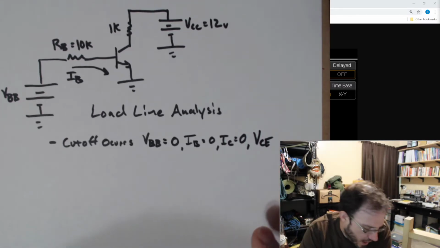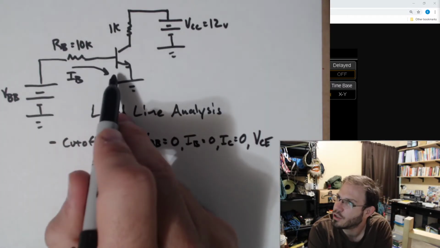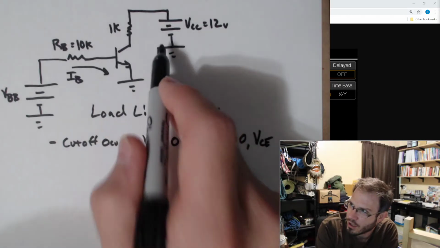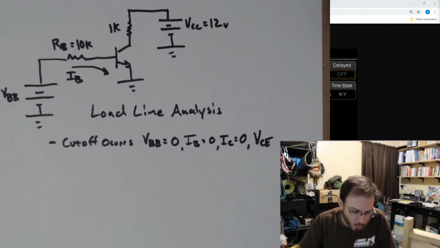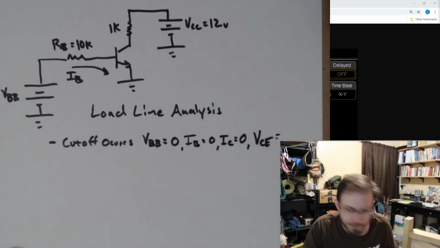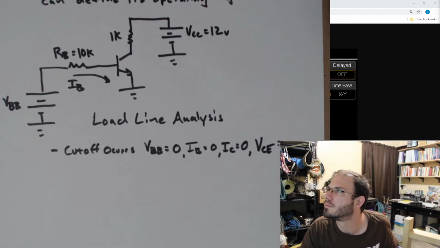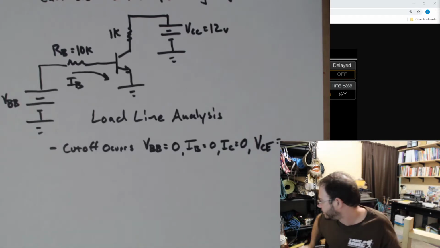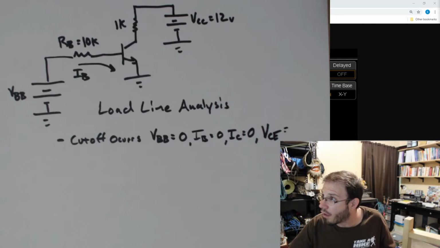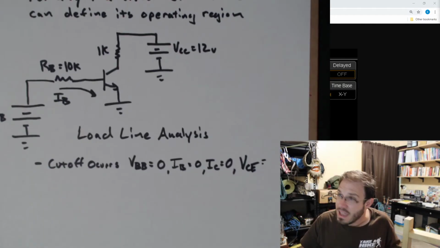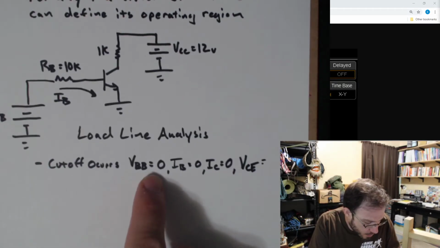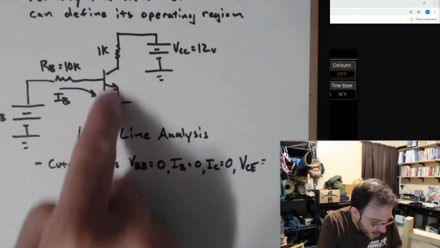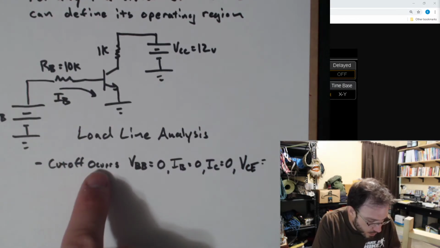However, if I have 0 current entering my transistor, what should VCE be for this circuit? What is VCE equal to? Think about that for a second. 12. Yeah, 12, right? If cutoff occurs at VBB equals 0, and we have no current flowing in, this transistor should be operating within its cutoff.